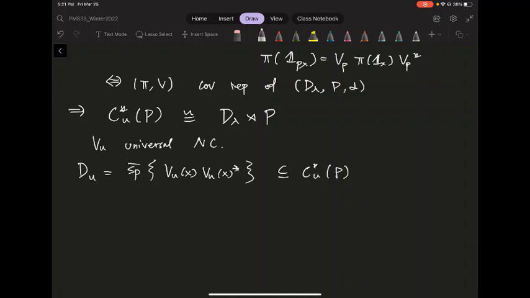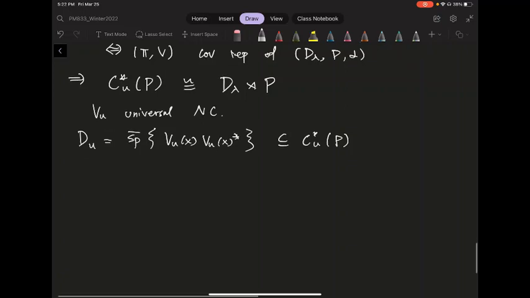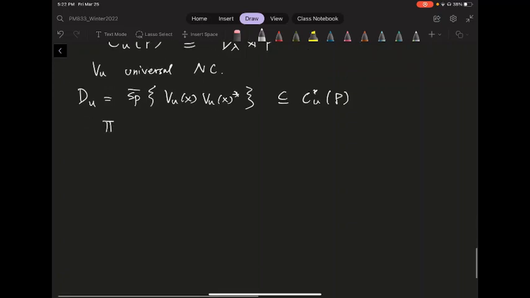From last time, we see these V^U_x V^U_x star are a family of projections that satisfy Nica's condition. So they give you a representation of D_lambda. This pi of V^U, defined by mapping 1_x to V^U_x V^U_x star, is a representation of the diagonal algebra D_lambda.